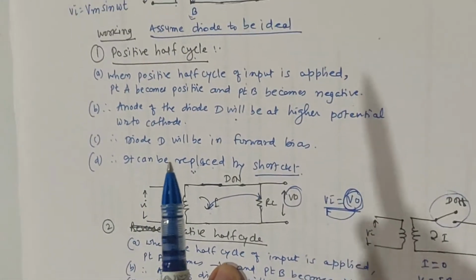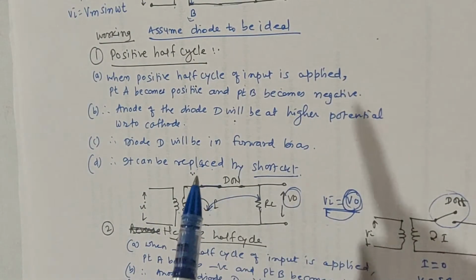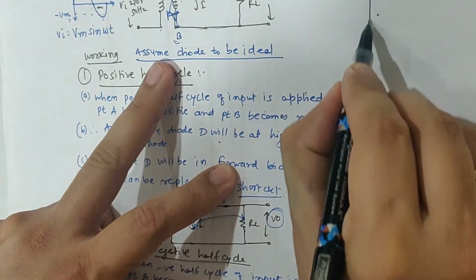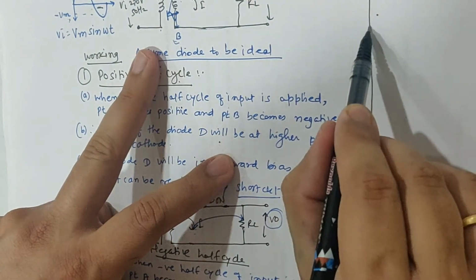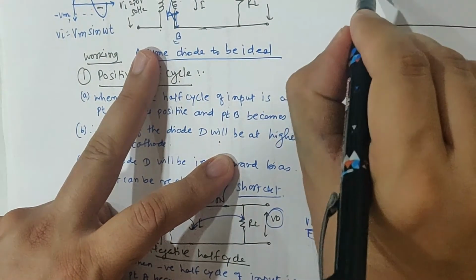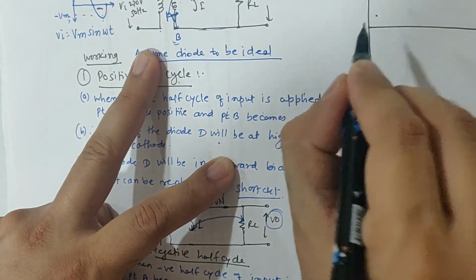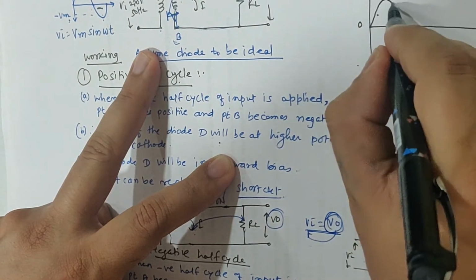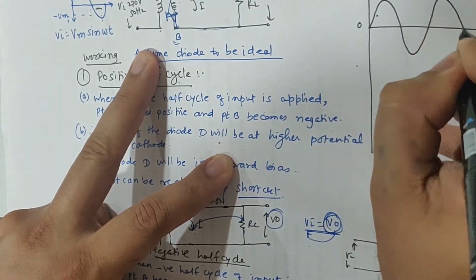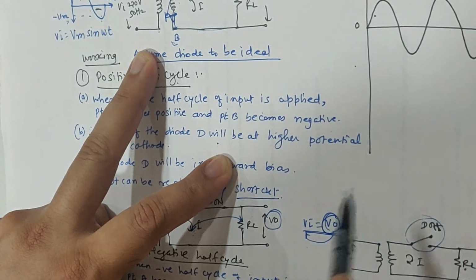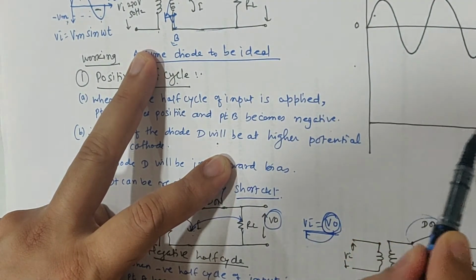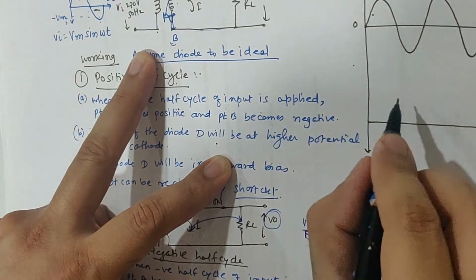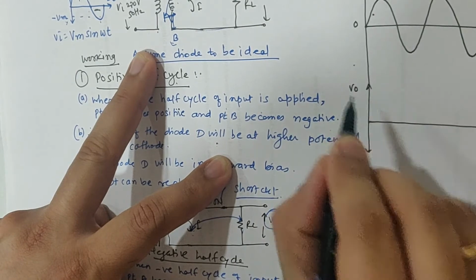Okay. Now, as per our protocol, the next part is the waveform. So let us draw the waveform logically. I will draw input and output waveforms together. So let us say this is your input voltage versus omega t. I have drawn two full cycles. This is omega t, and this is your output voltage V0.